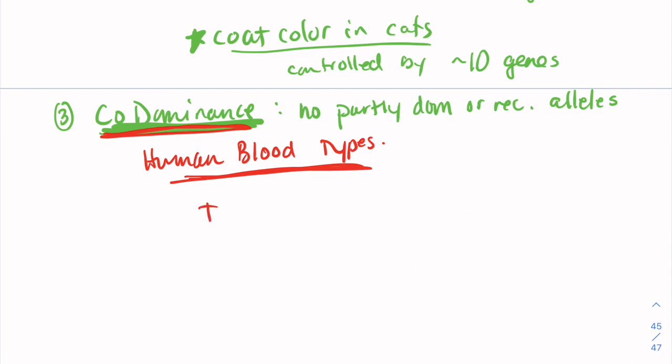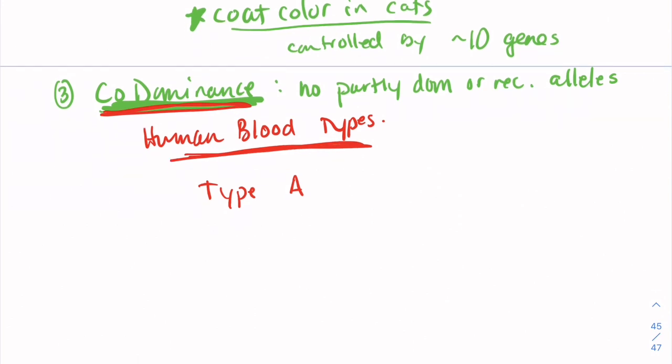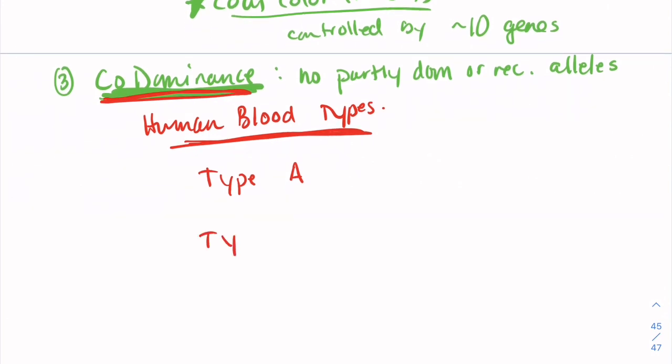So there is type A blood, type B blood. Anybody here type AB blood? And I bet there are a bunch of people here who are type O.